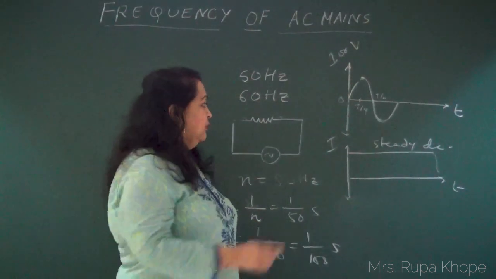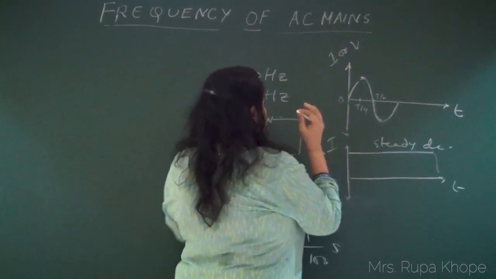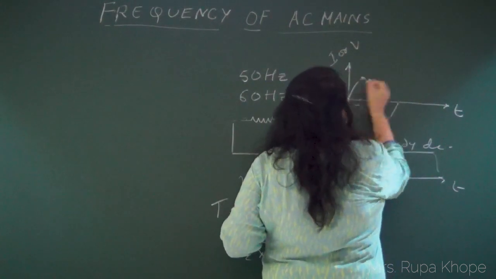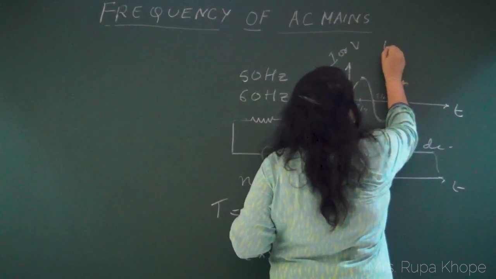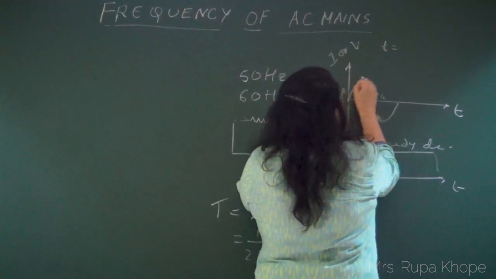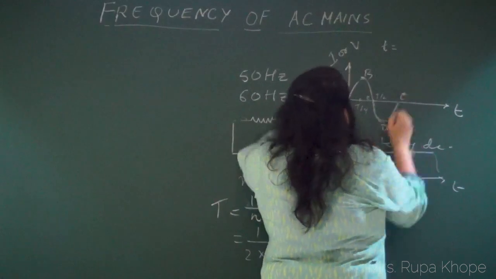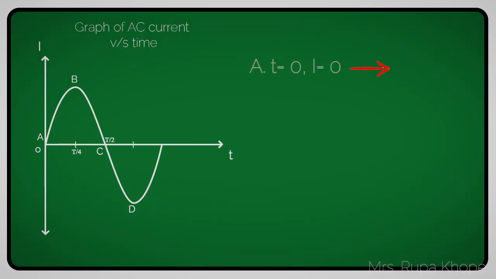Now, look here. I will briefly tell you how the AC changes. Let me call the points A, B, C, D and E. At the point A, time t equal to 0, current is 0.